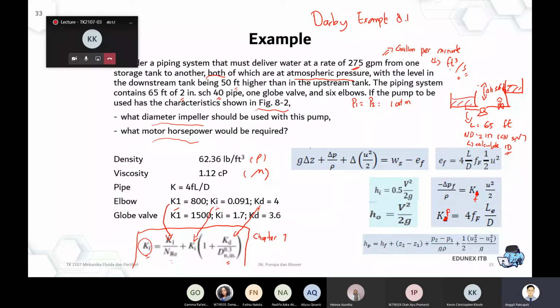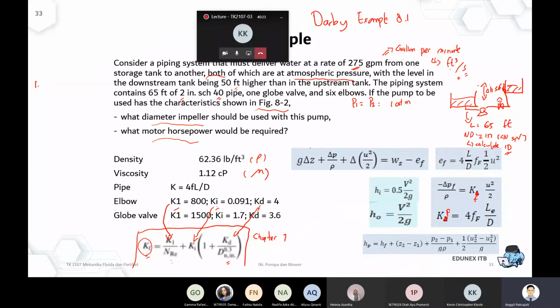Okay, so does anyone have an idea what the first step would be if you get this kind of calculation? Find the Reynolds number, sir. Okay, you can find the Reynolds number, Re. But the thing is, to get Re, you need rho times D times u per mu.